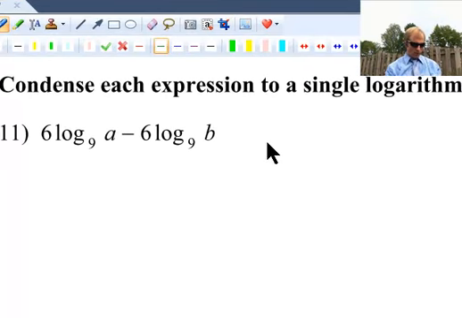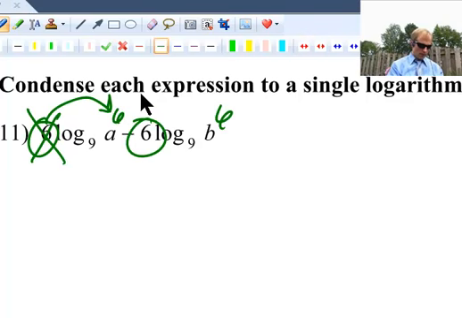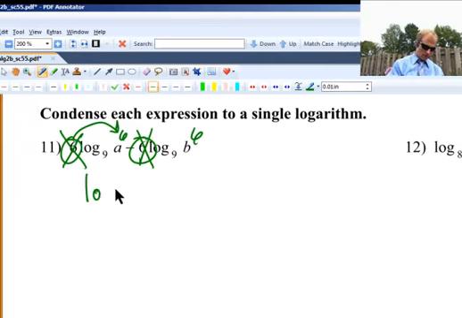Okay, so now we're asked to condense a logarithm. So to do this, we do the exact reverse of when we're expanding. We want to consolidate so that we only have one log left in the expression. So the very first thing I do is, if I have a multiplier, I move it so that it becomes an exponent.